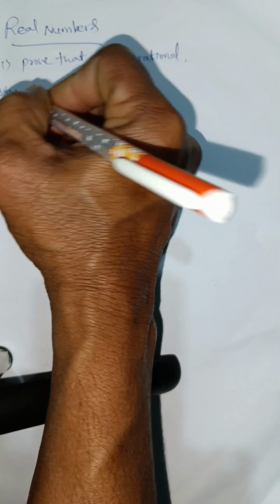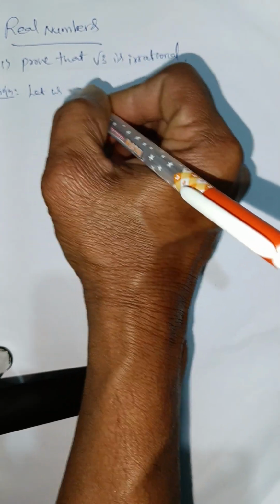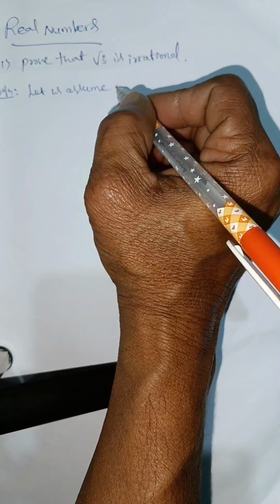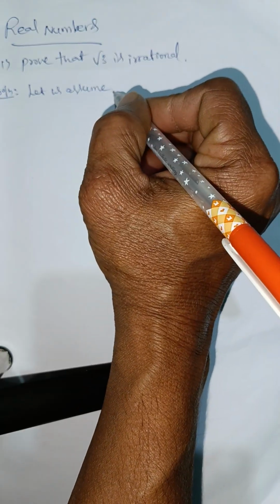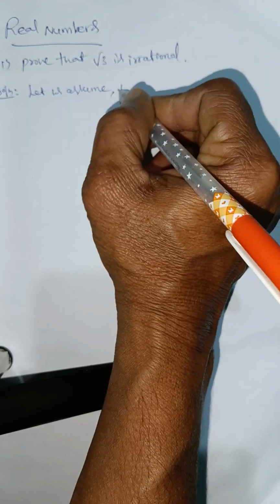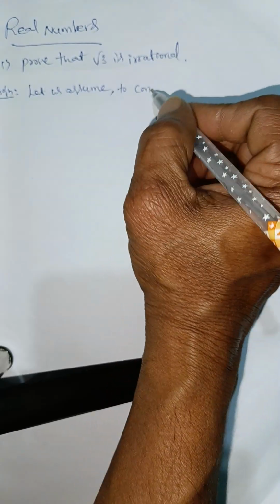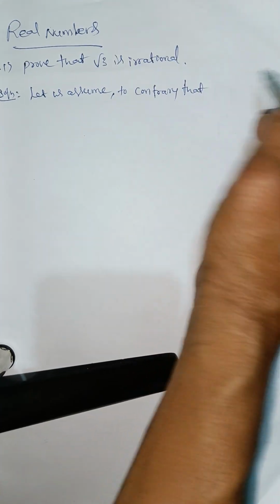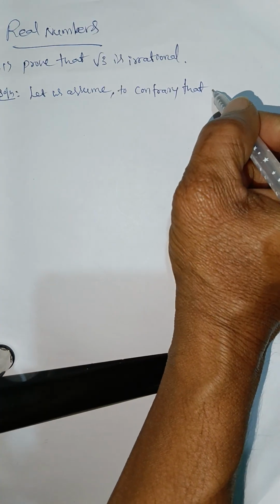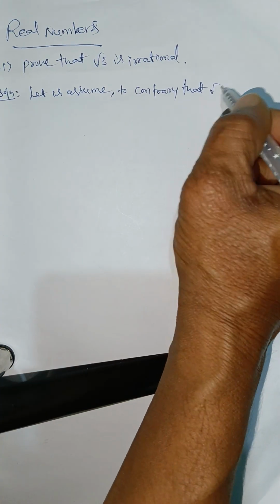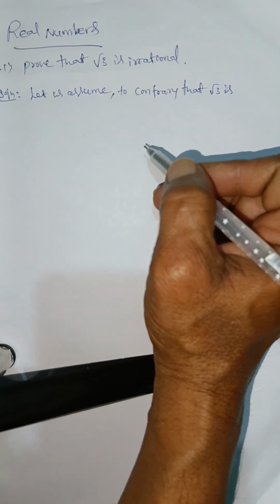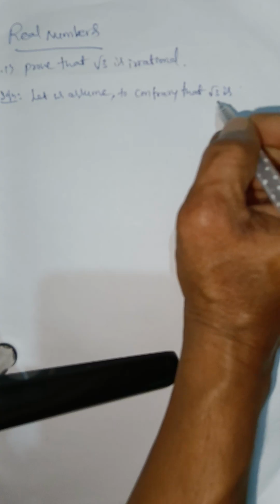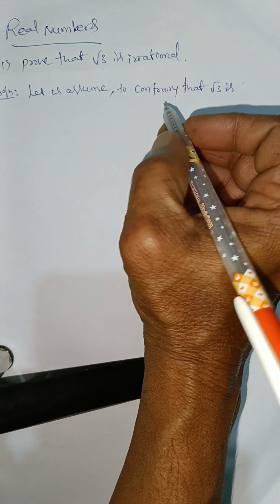Let us assume, to the contrary, that root 3 is rational.